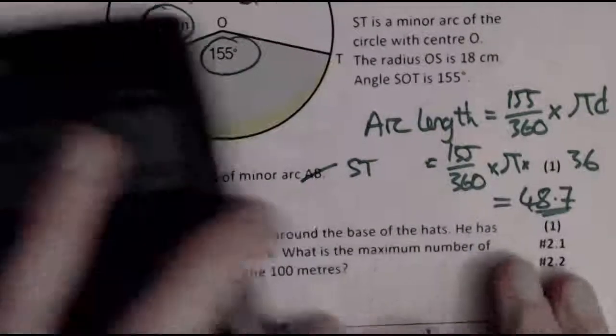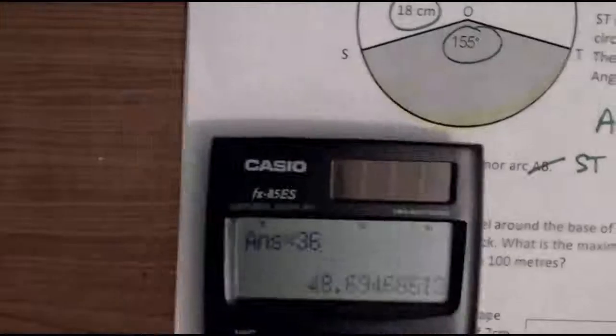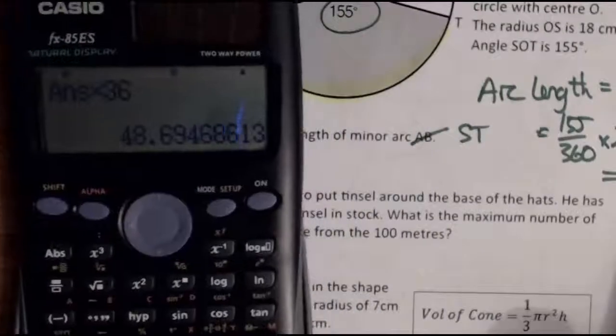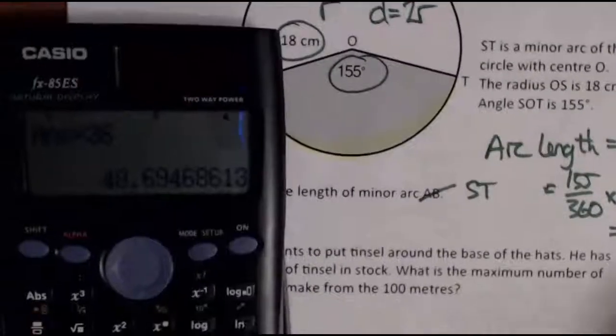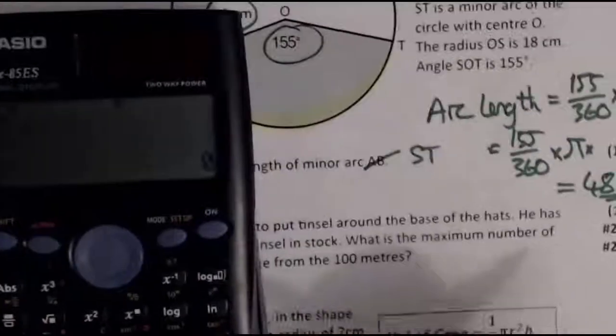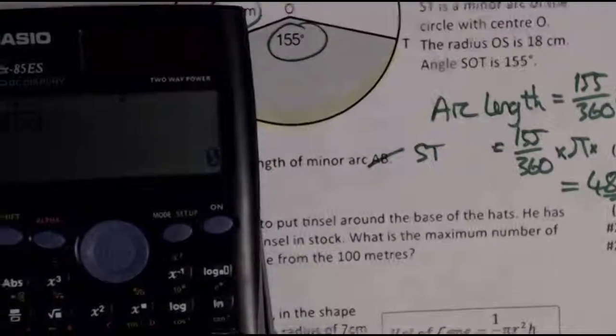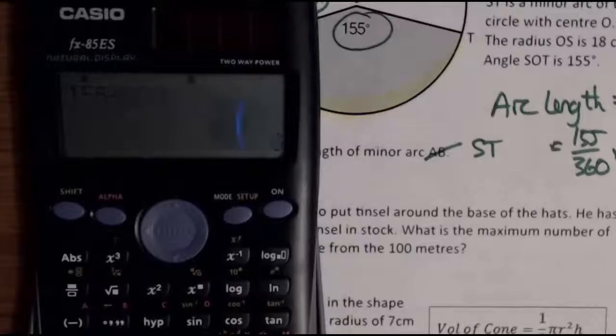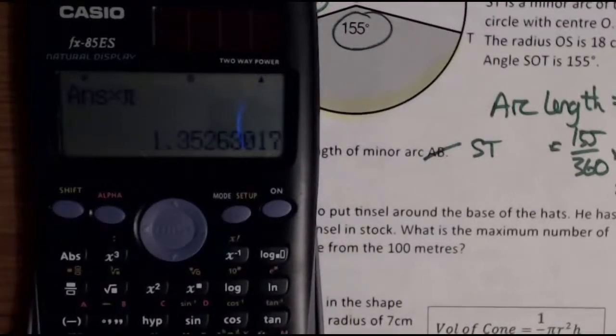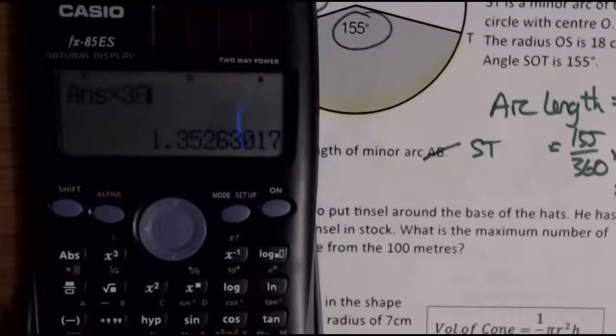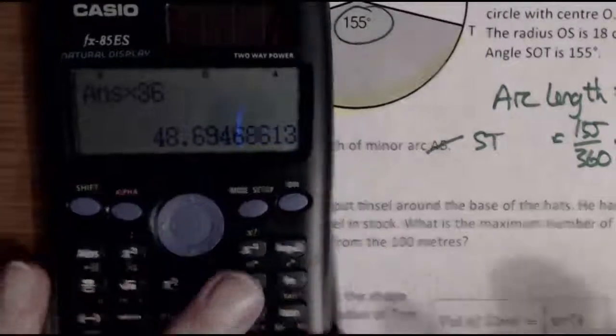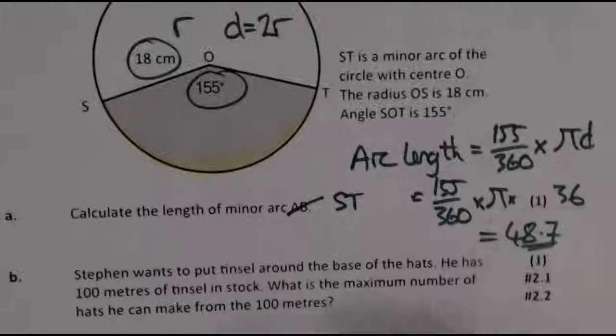I'm just going to double check that, so that was 155, divide that by 360, then times that by pi, then times that by 36, and I do get the same answer. Okay, and that'll be centimetres.